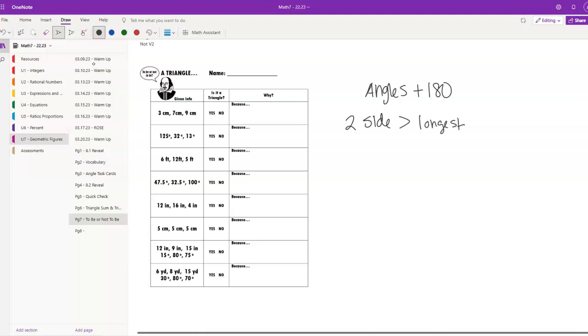So it's got to meet those requirements, okay? And so what I want you to do right now is pause the video and take a couple of minutes, and based on what we just saw, see if you want to go back and change any of your answers, okay? When you're ready, have the sub press play to reveal the correct answers, and you can check and correct your work.